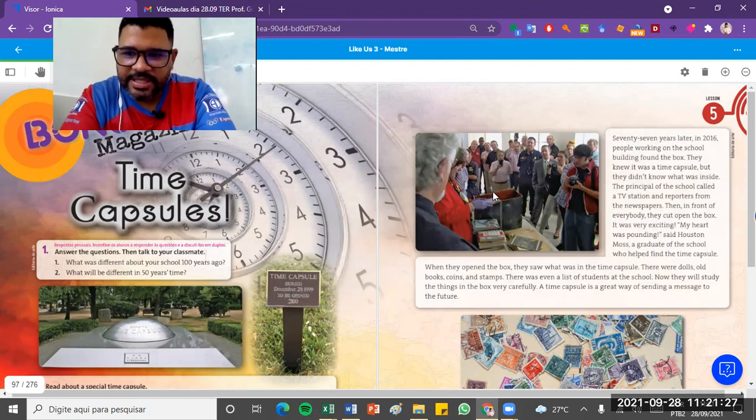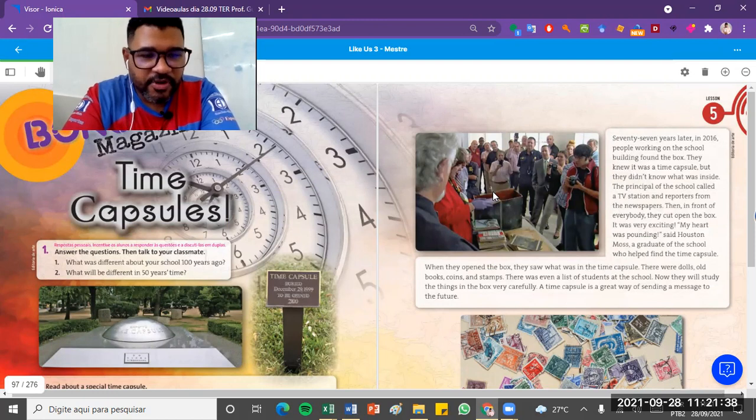They knew it was a time capsule, but they didn't know what was inside. The principal of the school called a TV station and reporters from the newspaper. Then in front of everybody, they cut open the box. "It was very exciting. My heart was pounding," said Houston Moss, a graduate of the school who helped find the time capsule.